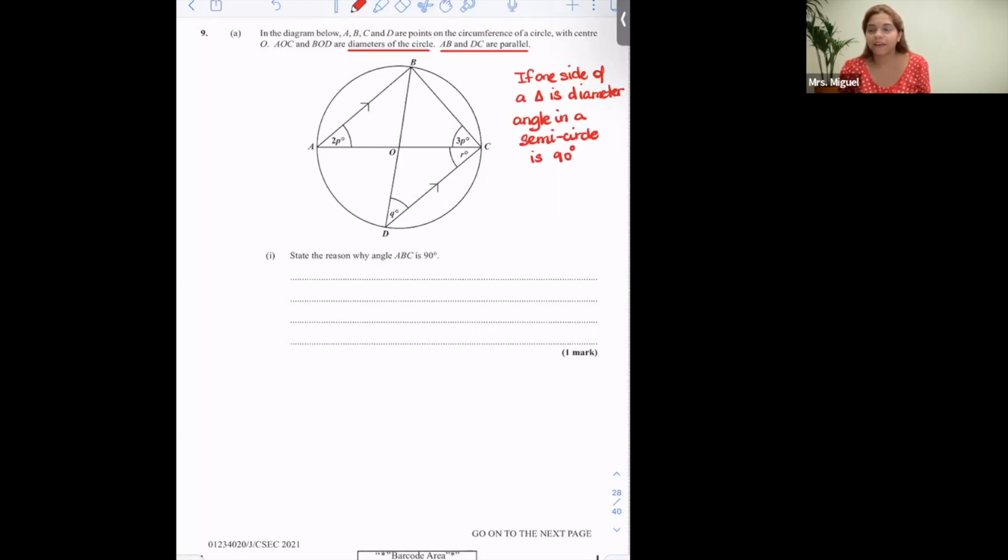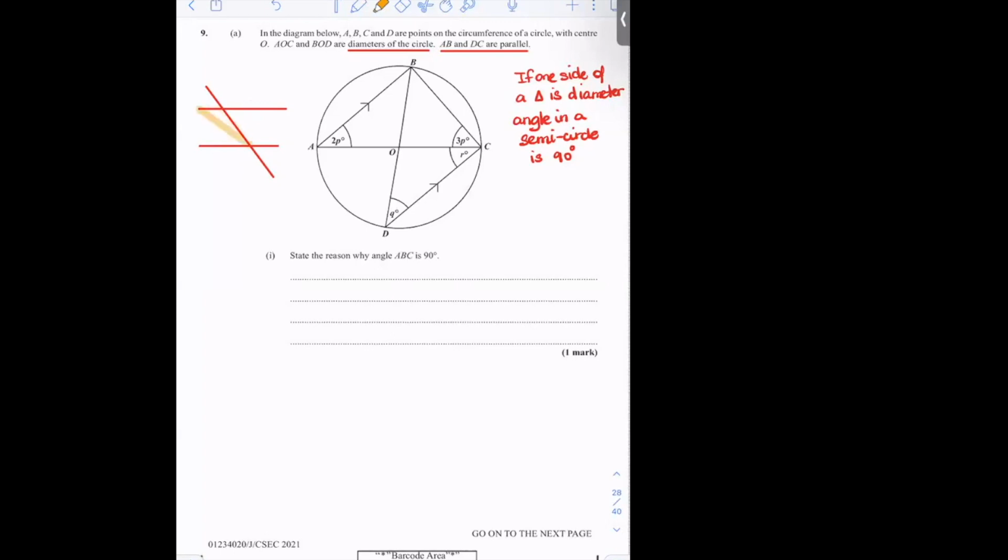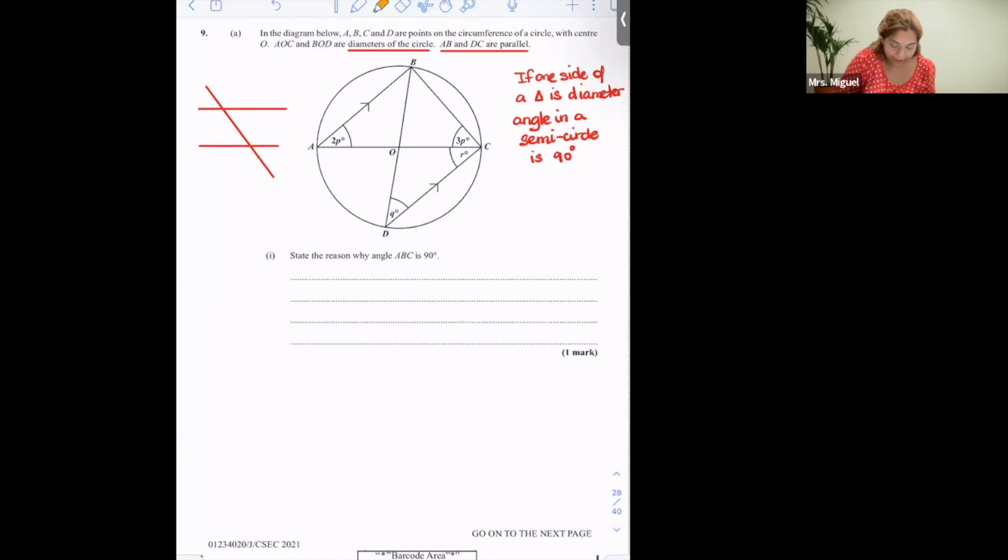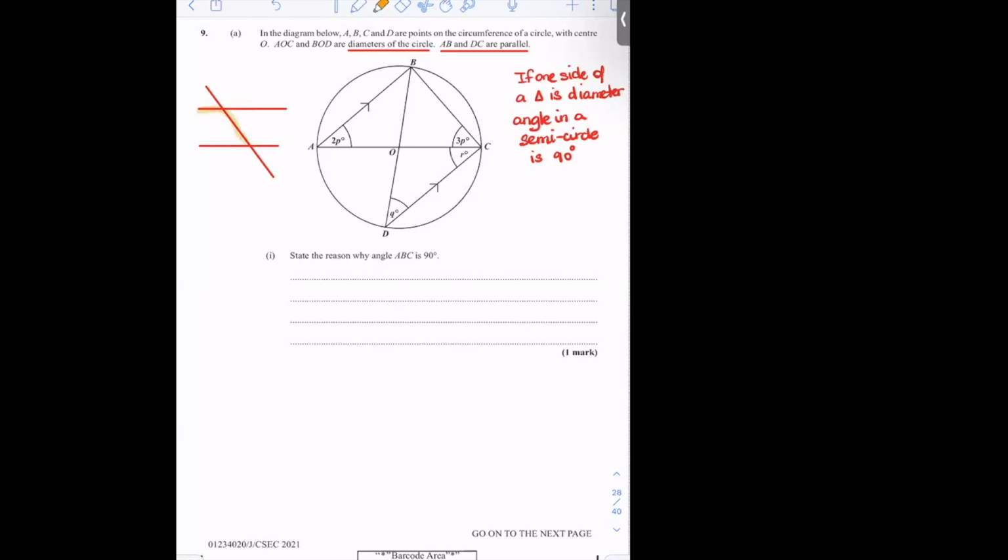when we have parallel lines, what type of angles are formed? Parallel lines. What shape is this? Z shape, miss. A Z shape. How do we call these Z shape angles? Alternate angles.